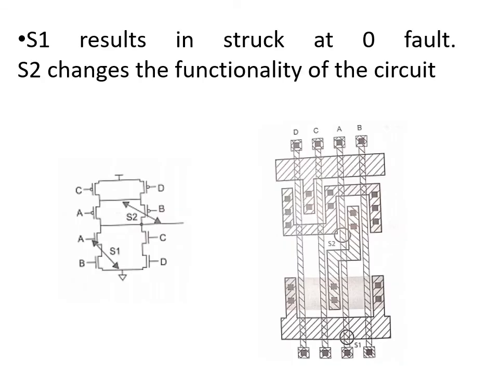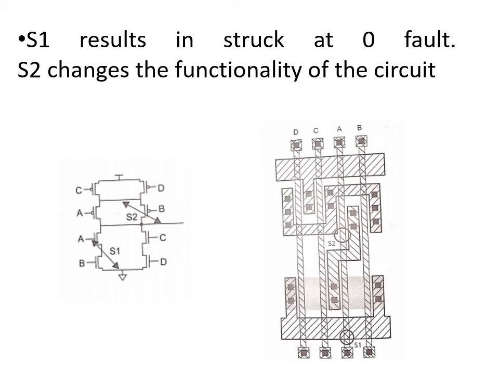Let us look into an example where the input line A and the ground are shorted. It is represented as S1, and one more short is represented in the circuit, where the line connecting C and D is shorted to the output end.